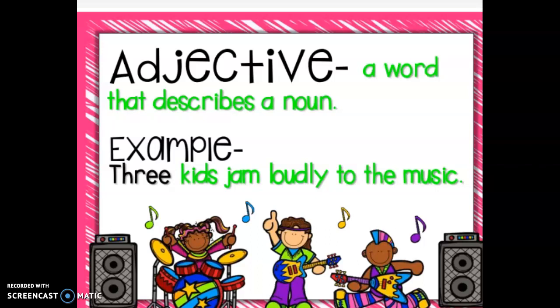Can you think of an adjective to describe the music? They did not include an adjective here, but we can always add one in. So I'm thinking the loud music. Loud would be one. It may not exactly sound right since we already have loudly. So let me try to think of another one.